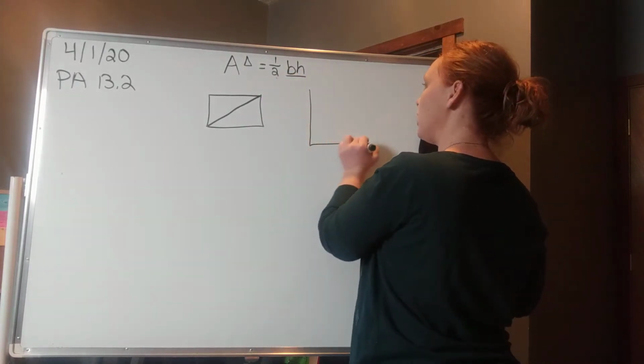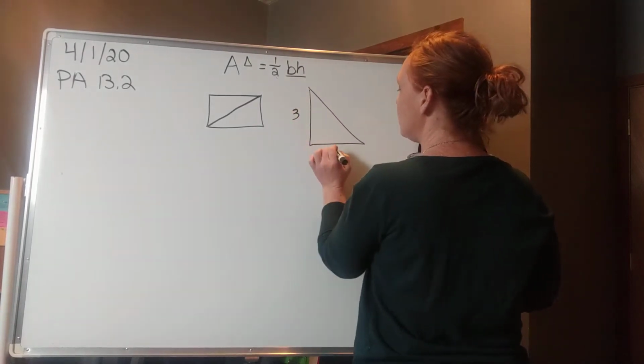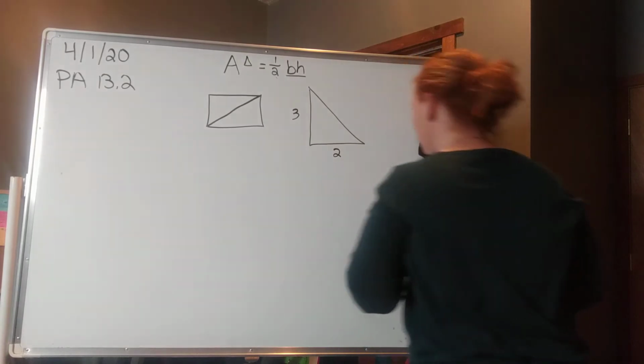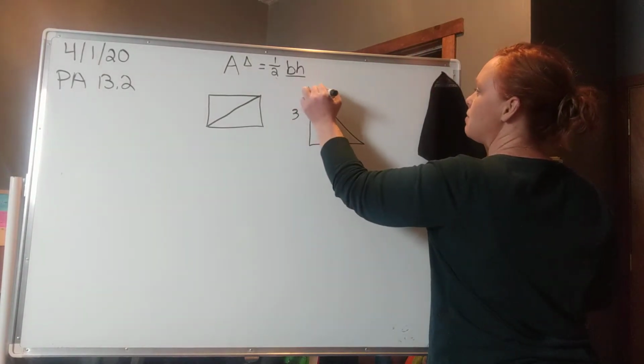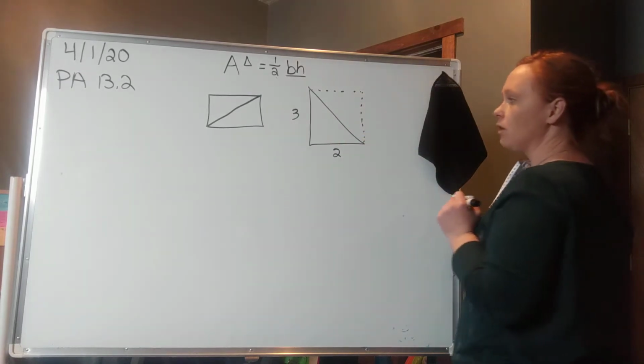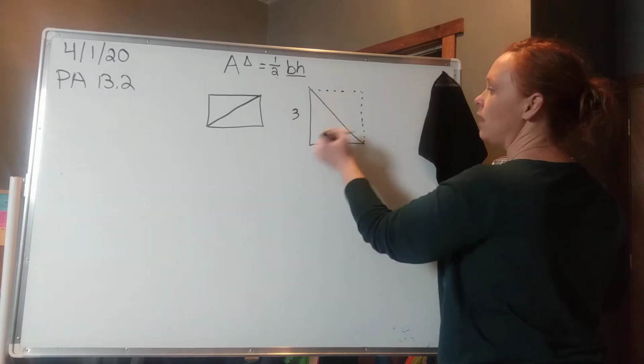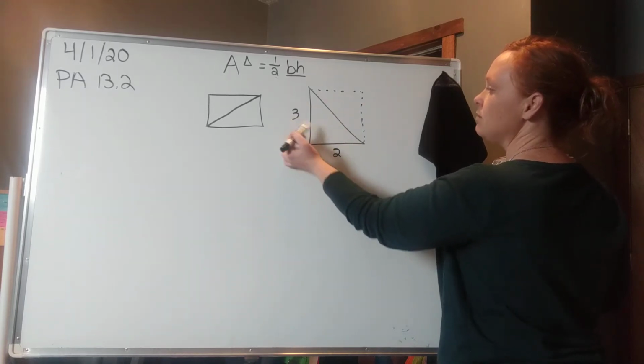So if I have a triangle, if this was 3 and this was 2, then what I could do is imagine drawing a rectangle or a square. And I could say, okay, well, the area of a rectangle is the base times the height.